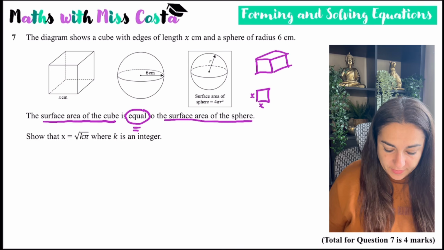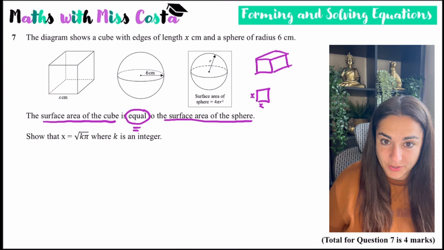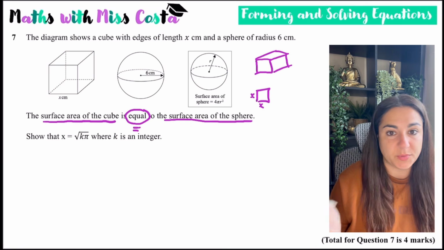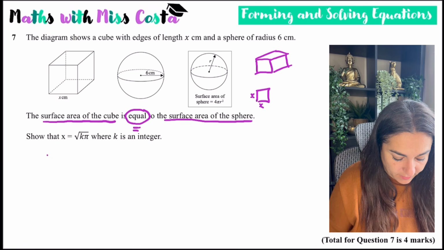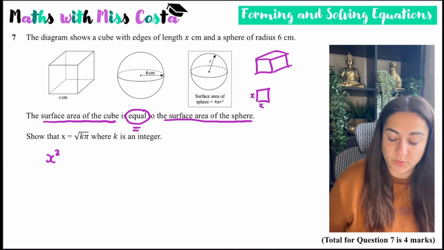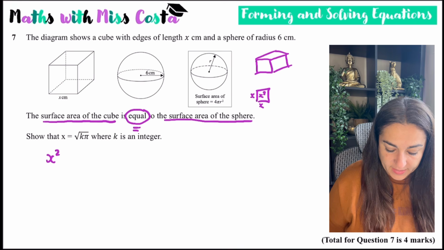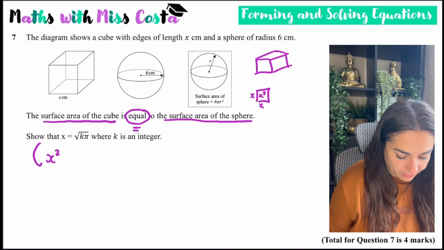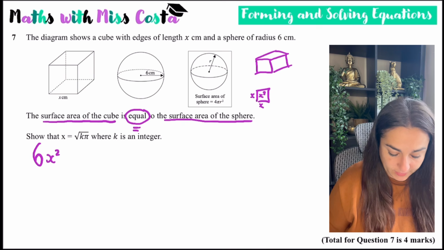So you know that the surface area of any cube is always going to be whatever the side length is, which we can call x. I know that the area of one face would be x squared, and I know that there are 6 faces, so for any given cube the surface area is going to be 6x squared.